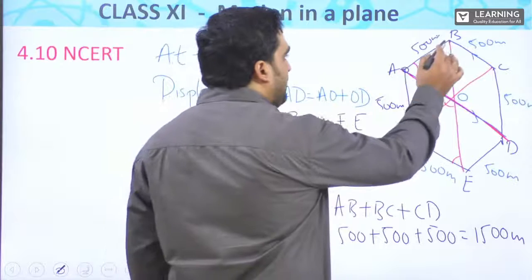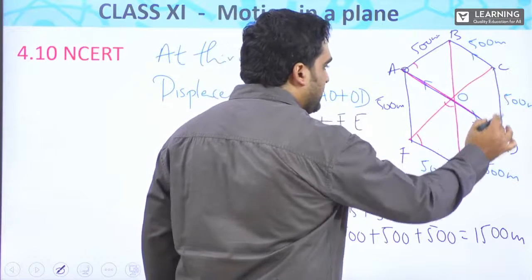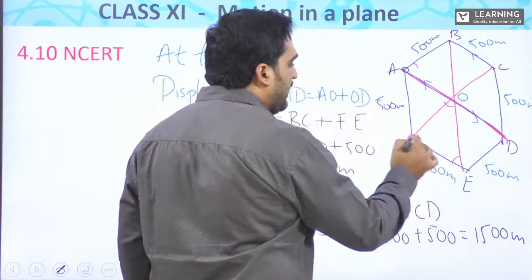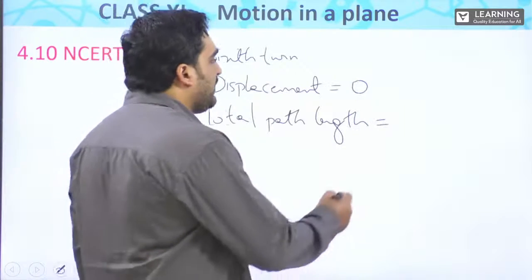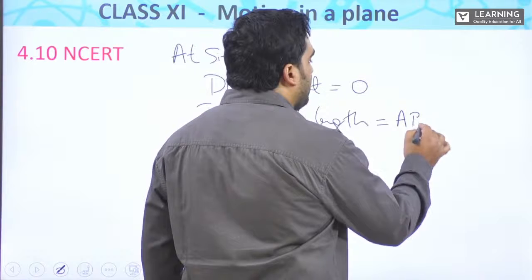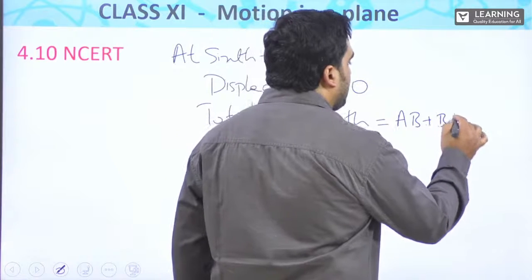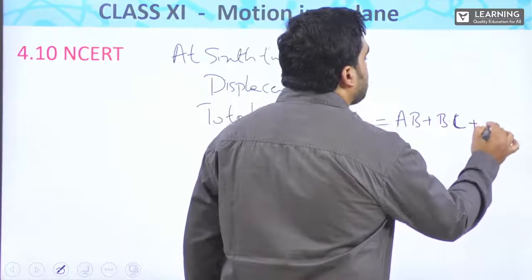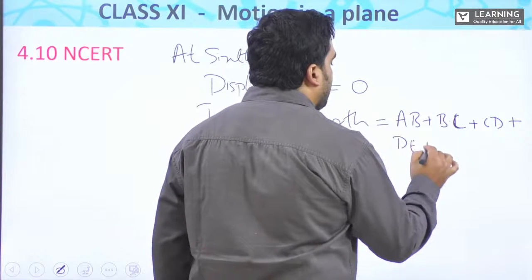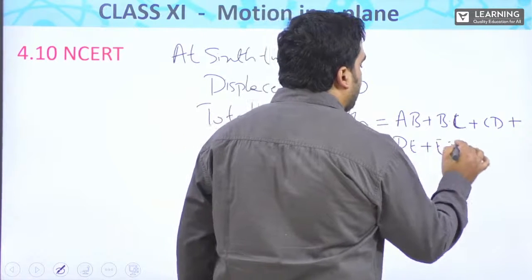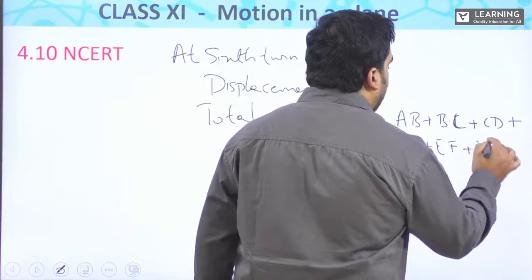It would be AB plus BC plus CD plus DE plus EF plus FA. So go ahead, make a note. AB plus BC plus CD plus DE plus EF plus FA.